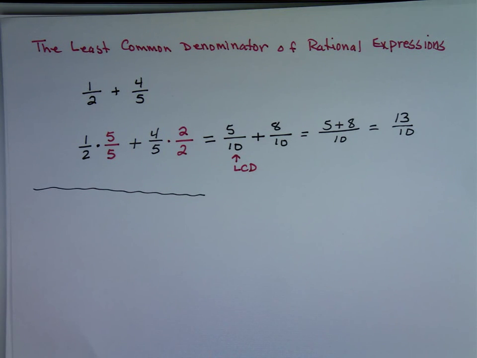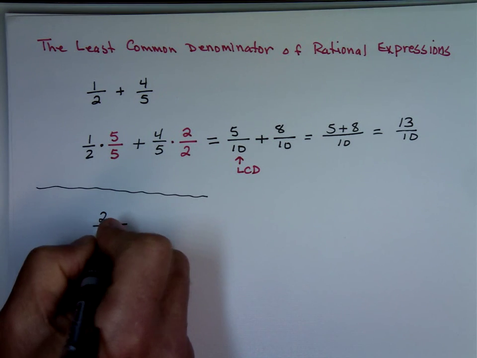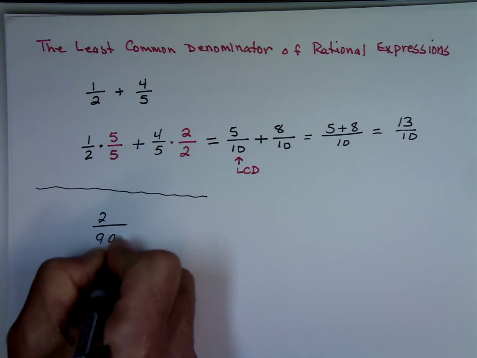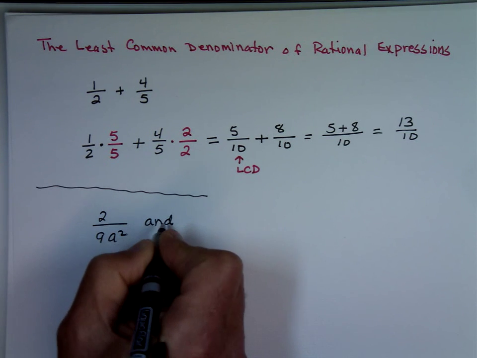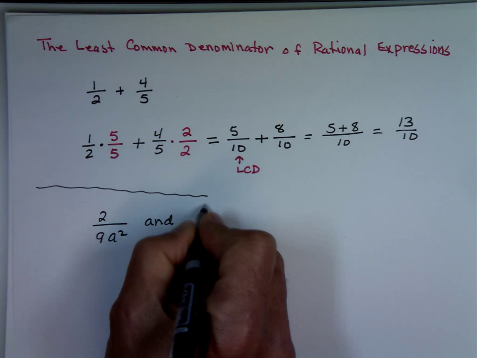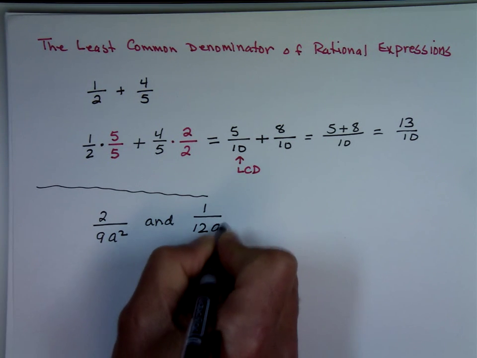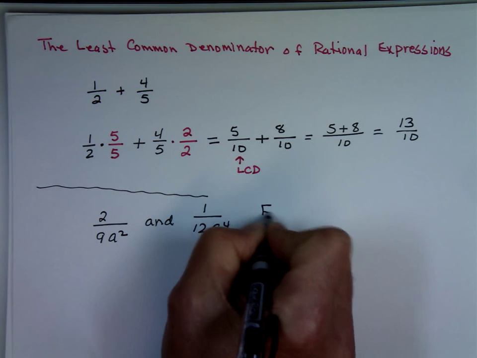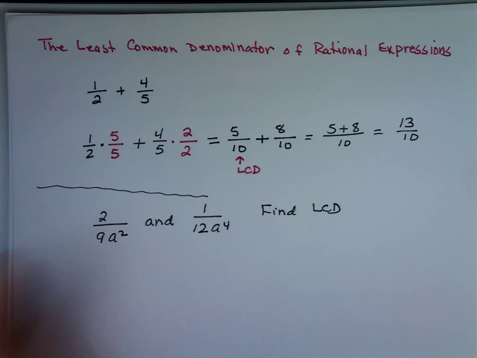So let's say we have 2 over 9a squared, and the other one, 1 over 12a to the 4th. It says find the LCD, the least common denominator for both of these.